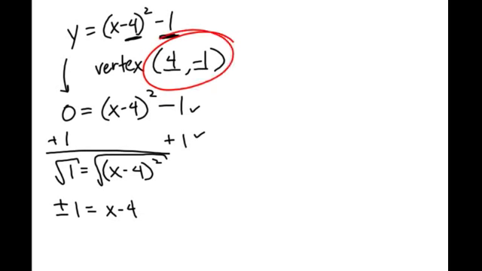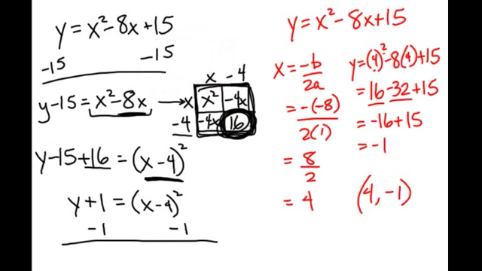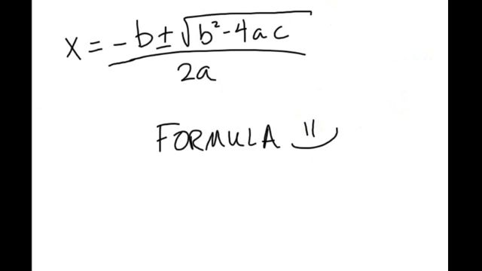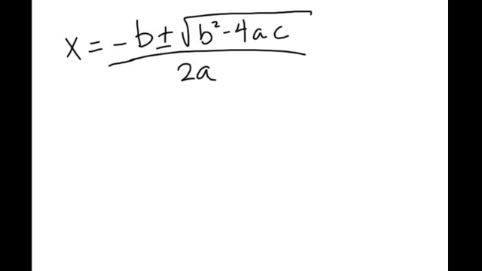But now I need to use this new crazy formula that we created to get the x-intercepts. Here's this crazy formula we created. And this says I can get the x values.